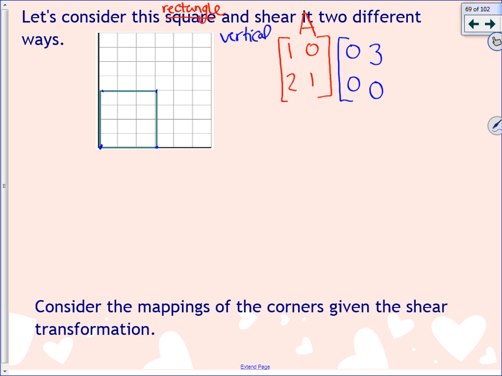Another one is 3, 4, and then 0, 4. So we're going to call this X, even though it's 4 vectors. So like X1, X2, X3, X4. So go ahead, do your matrix multiplication, and tell me what my new matrix would be.